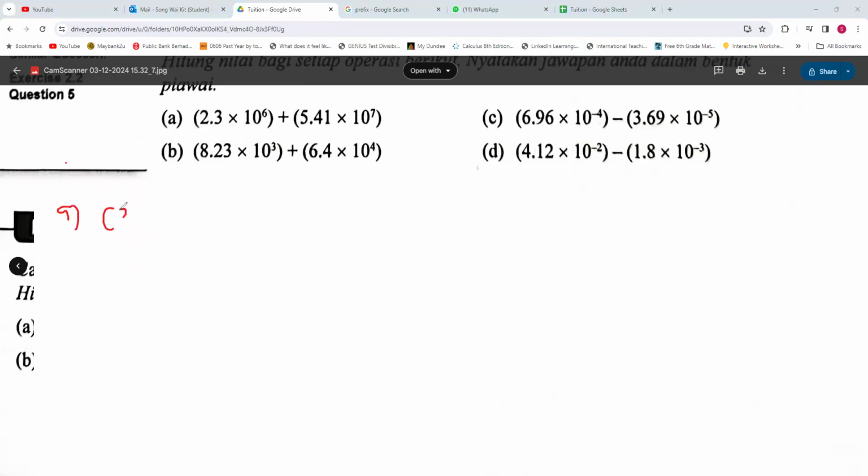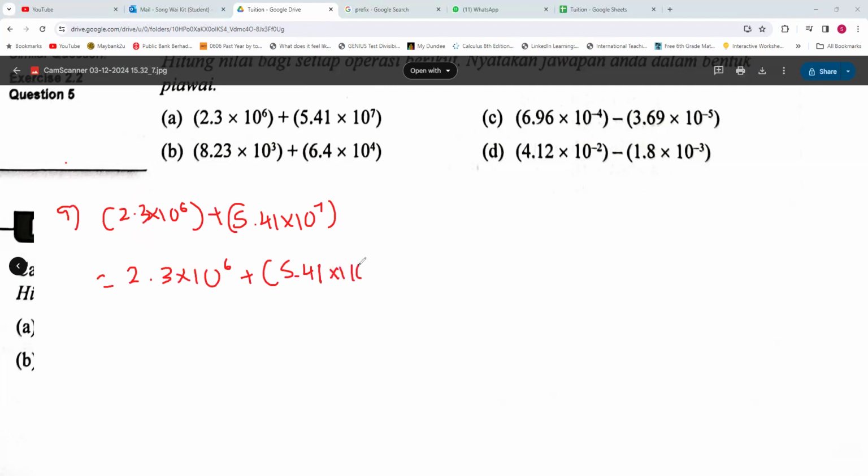It says 2.3 times 10 power 6 plus 5.41 times 10 power 7. So it's very simple. I'll take 7 and break it out into two smaller chunks: 10 power 1, 10 power 6. That's how you get that. Right?